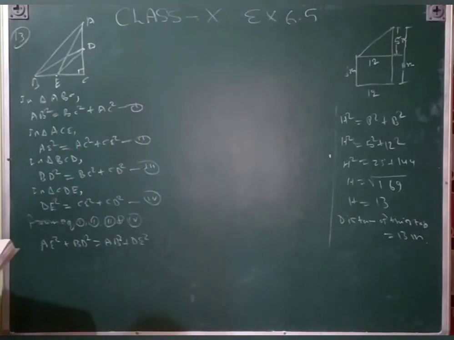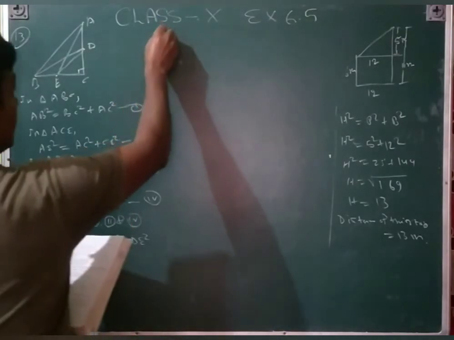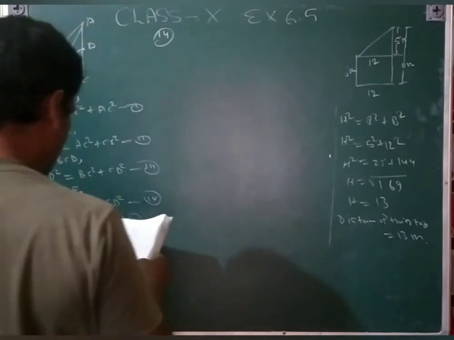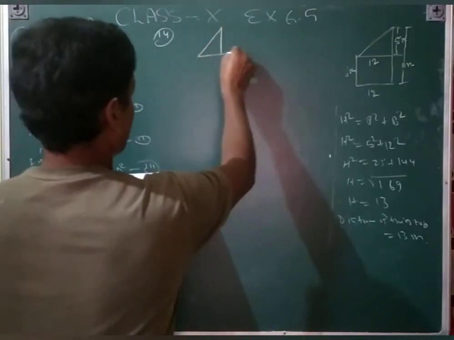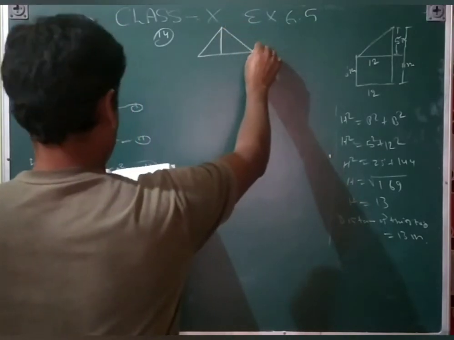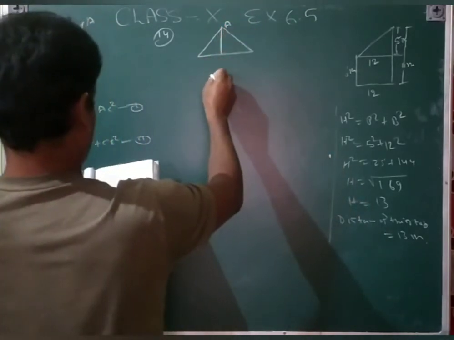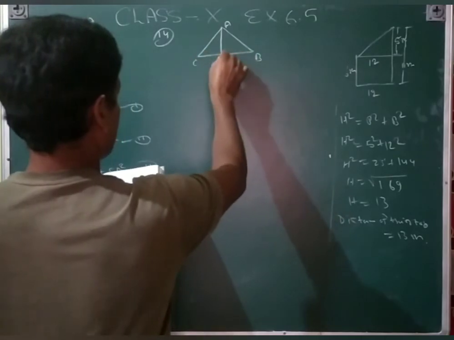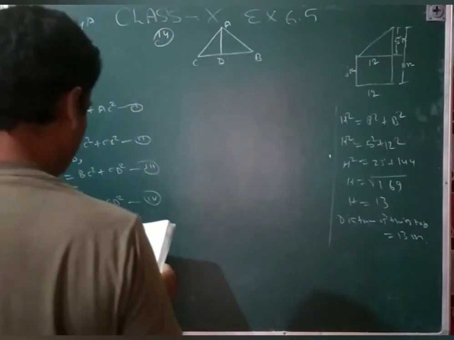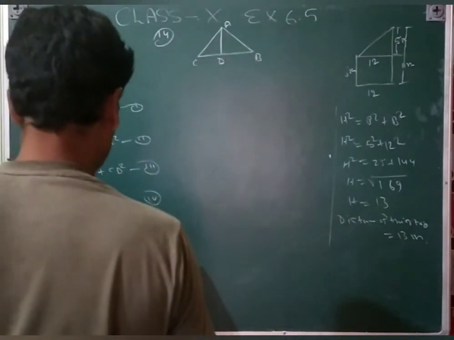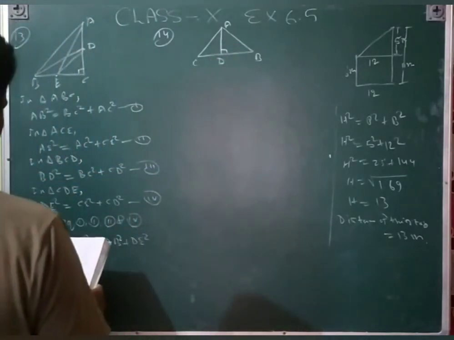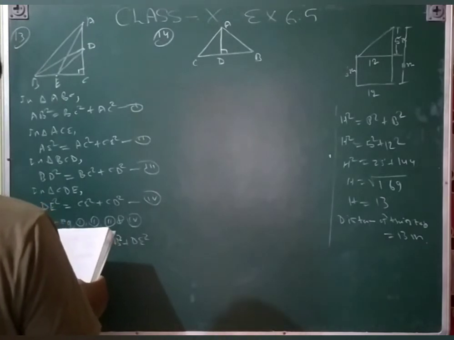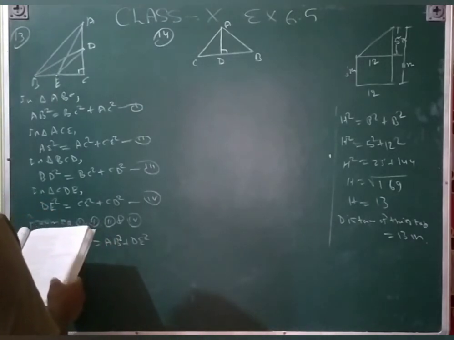Now the 14th question. The diagram is already given here. You will see A, B, C, D, and that is a 90 degree angle also, at C is 90 degree also, as given there.